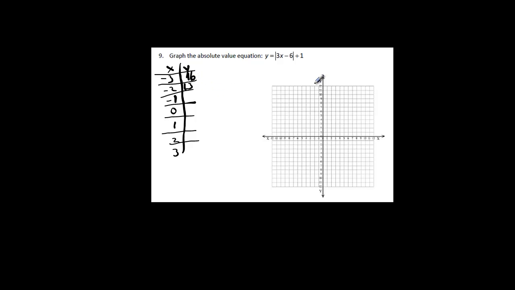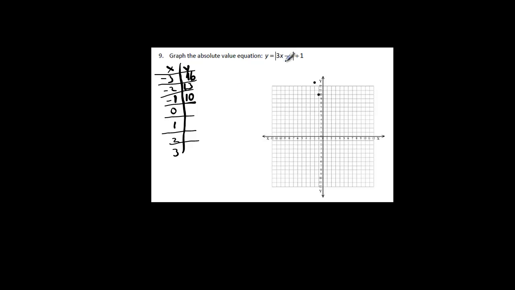So if I were to plot that, it would be like right around here. Negative 1 times 3 is negative 3 minus 6 is negative 9. Absolute value is 9. 9 plus 1 is 10. So we see that we're going down by 3. So 0 times 3 is 0. 0 minus 6 is negative 6.